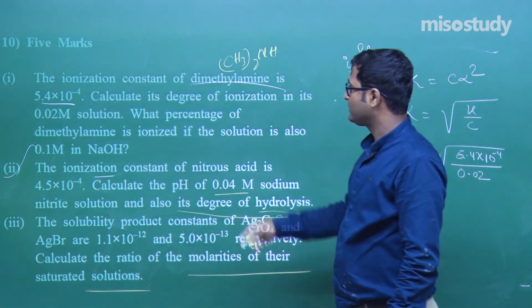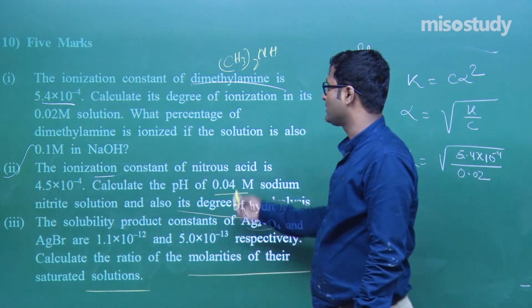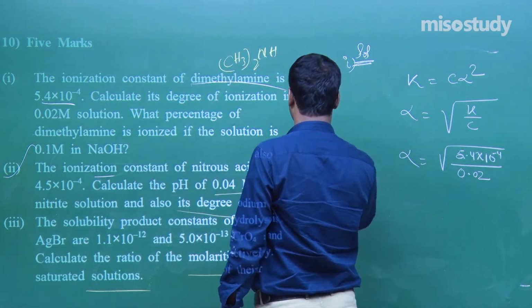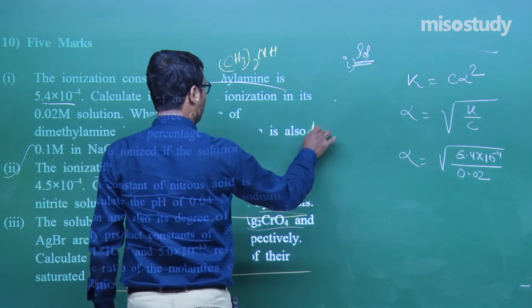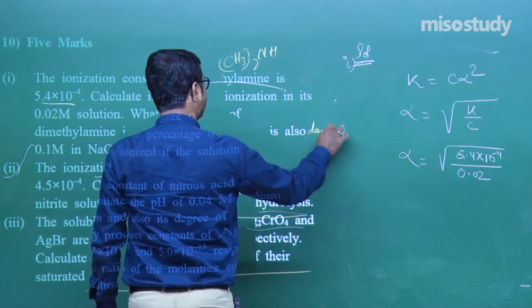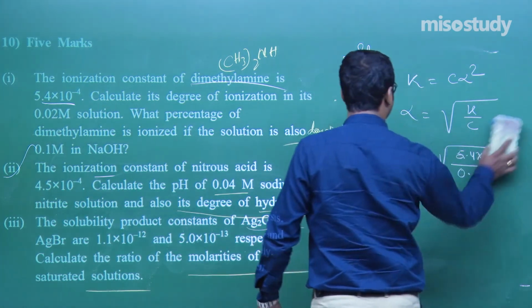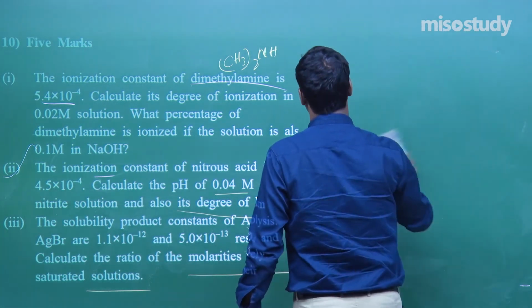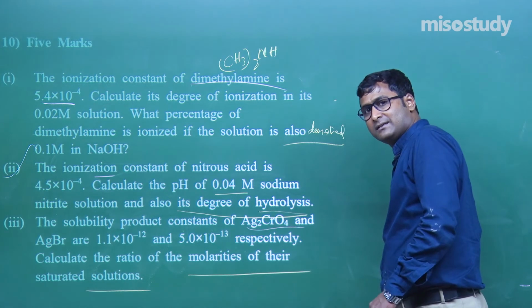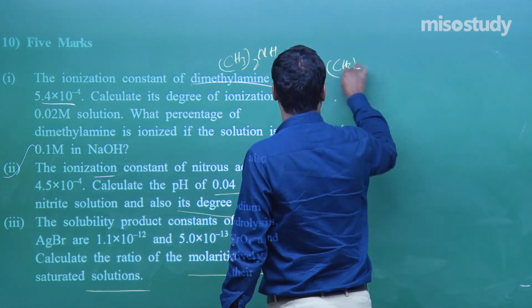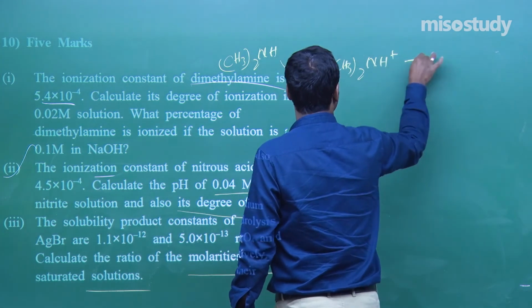Clear? What percentage of dimethylamine is ionized if the solution is treated in 0.1 molar NaOH? So what will happen in this case? If it is treated with NaOH, it will form (CH3)2NH2+ and OH-.